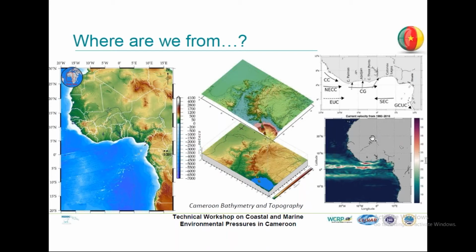We also have the intensification of the South Equatorial counter currents. But along the Cameroon coastline, you have some meshes. Those meshes give us some insight about a process undergoing around the Cameroon coastline.